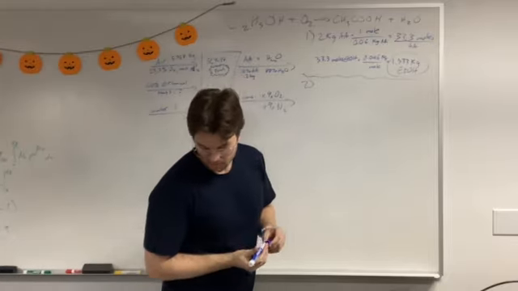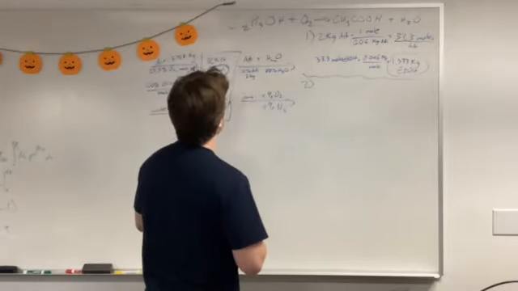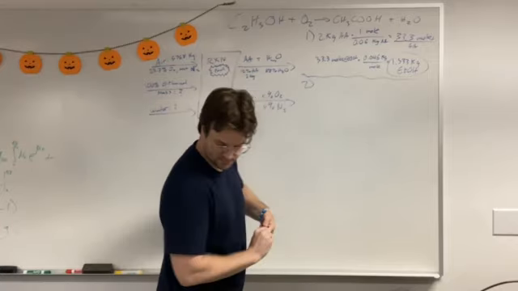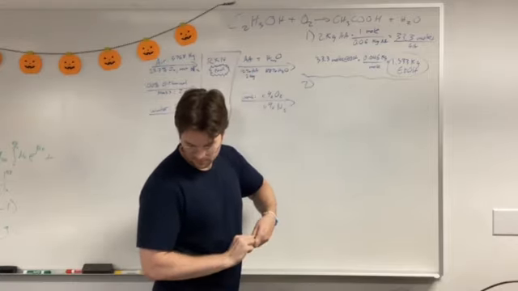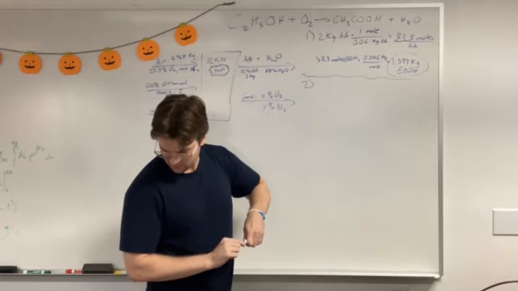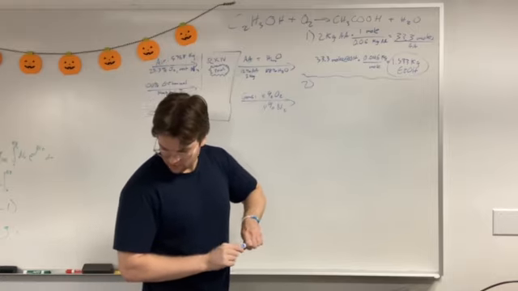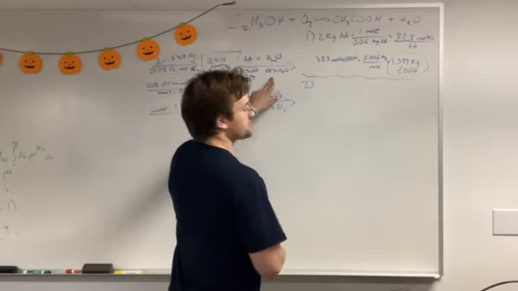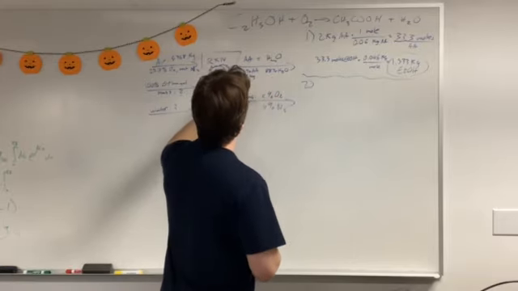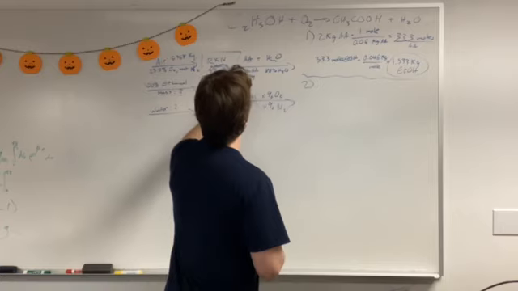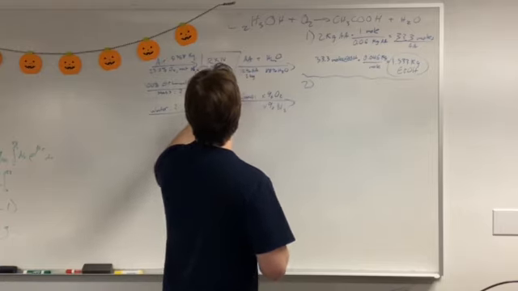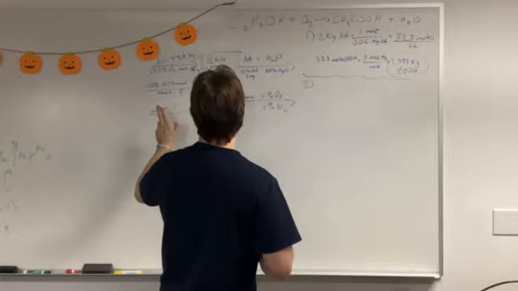If we go off of mass balance, the total water coming out is going to be equal to the amount created by the reaction plus whatever's going in.